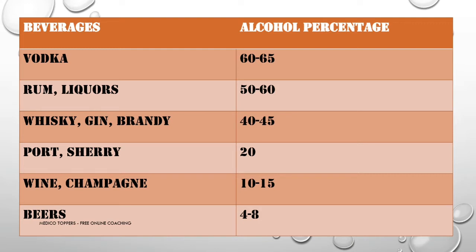So the order is first beer, then wine, then port, whiskey, rum, and the most powerful one is vodka, 60 to 65 percent. You might know these things already because this is alcohol.